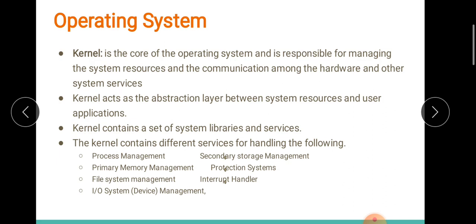The kernel ensures the routing of the input-output requests which come from different users. Which user can use which input and which output is determined in the input-output system management. Right? Now, you may guess what the job of secondary storage management is.